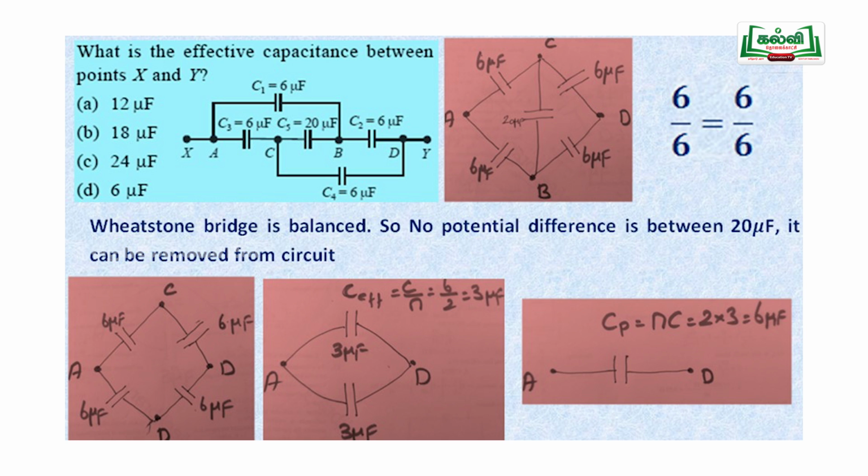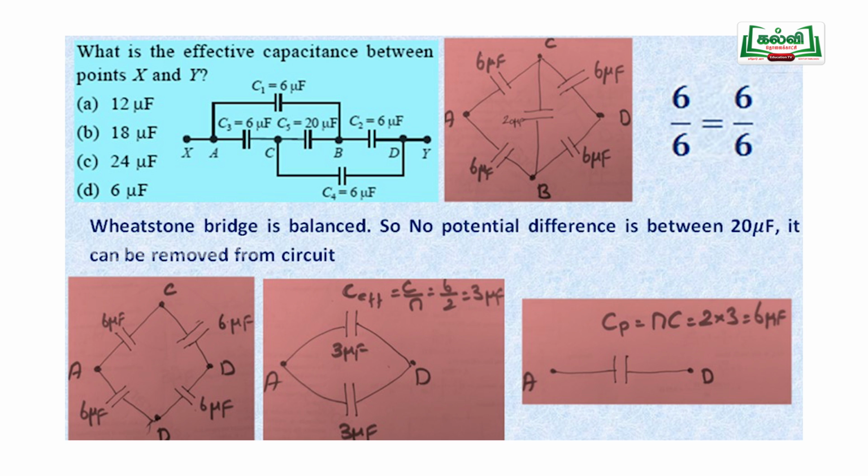Now go for this one, connected between B and C, 20 microfarad, over. Now go for this one, connected between C and D, 6 microfarad, this also over. Now go for the last one, B and D, 6 microfarad. So A is connected to X, D is connected to Y.